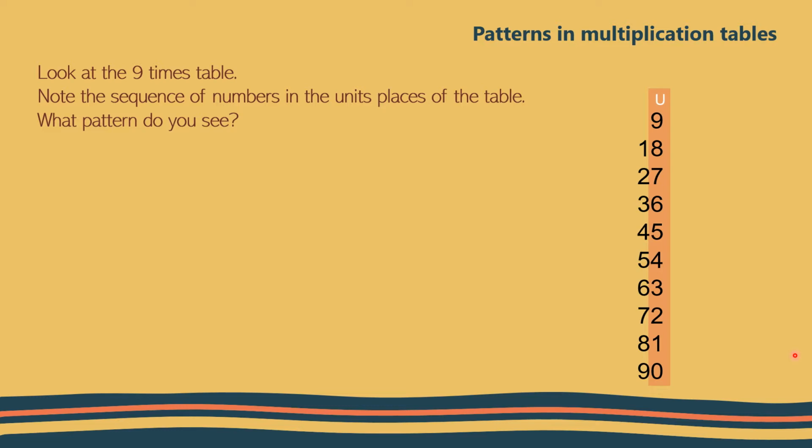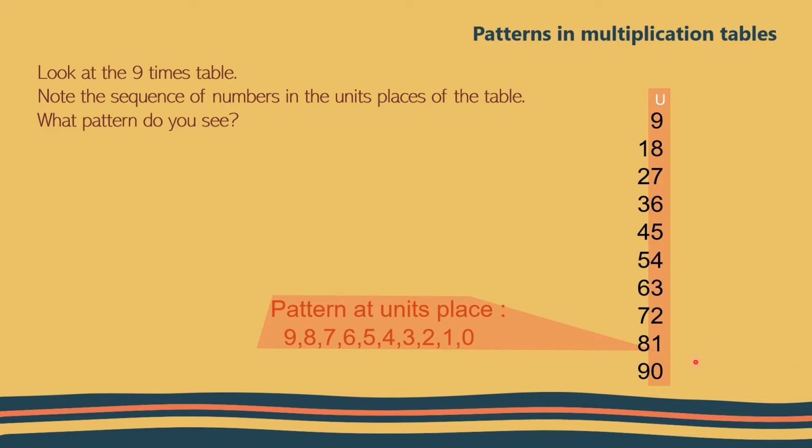That is, the numbers go on decreasing by 1. So the pattern at the unit place is 9, 8, 7, 6, 5, 4, 3, 2, 1, 0. As it is written over here, the same we have copied over here, the pattern at the unit place.